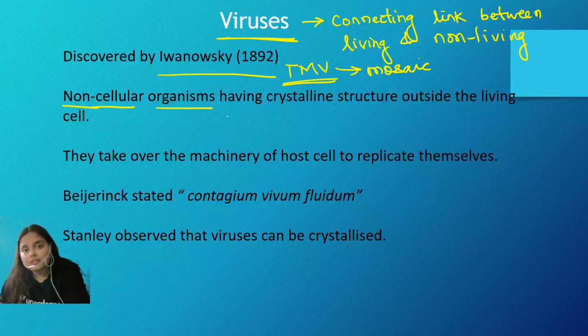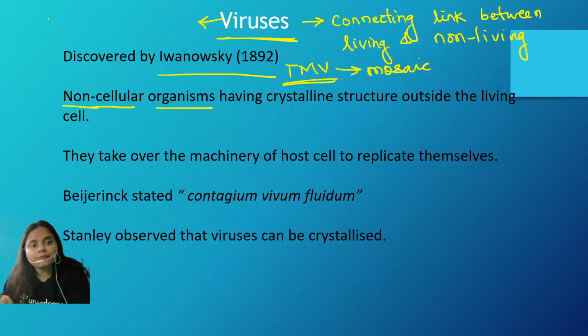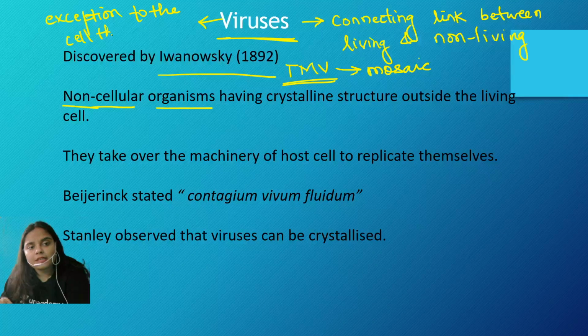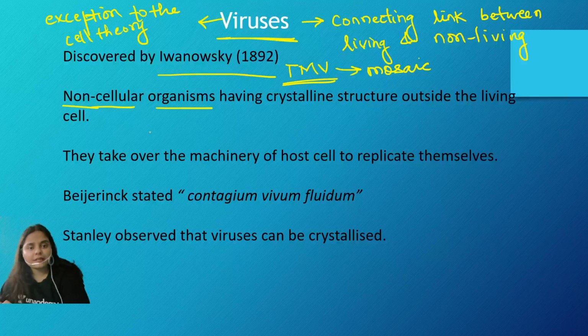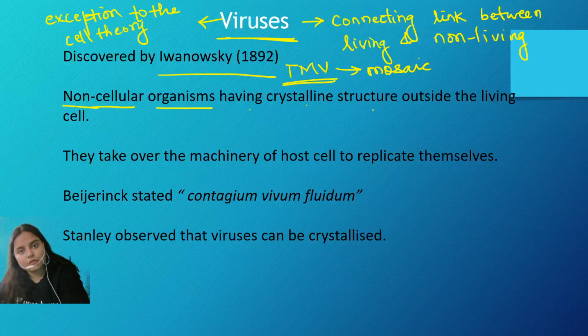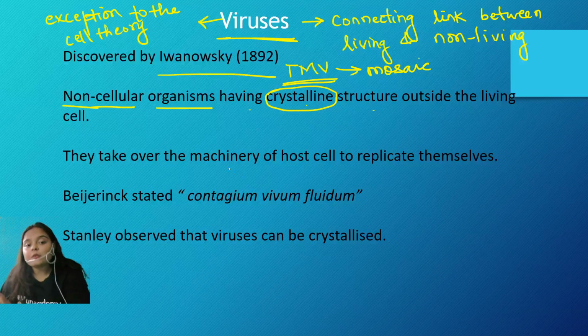They are an exception to the cell theory, because they are not made up of cells. That is why it is written: non-cellular organisms having crystalline structure outside the living cell. They take over the machinery of the host cells to replicate themselves.